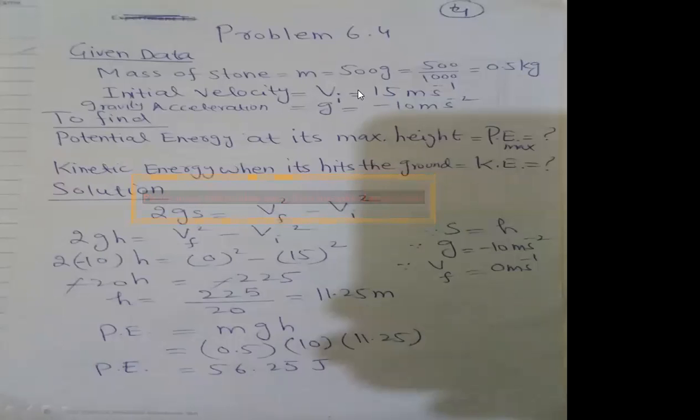A velocity is also given, which is 15 meter per second, because with this velocity a ball is thrown vertically upward. So the initial velocity Vi is equal to 15 meter per second. The acceleration due to gravity is denoted with small g, and in this case I am taking minus 10.